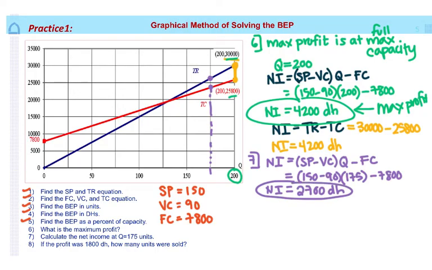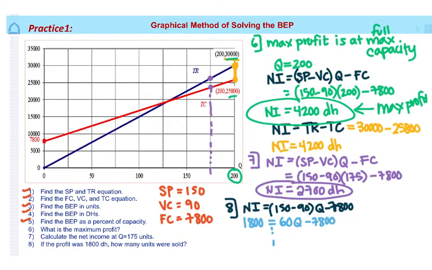All right. Now, if the profit was 1,800, so let's again write the net income equation. Net income is 150 minus 90 times quantity minus the fixed cost, in this case 7,800. They're telling us if the net income was 1,800, then this would be 60Q minus 7,800. Then we do a little bit of algebra.